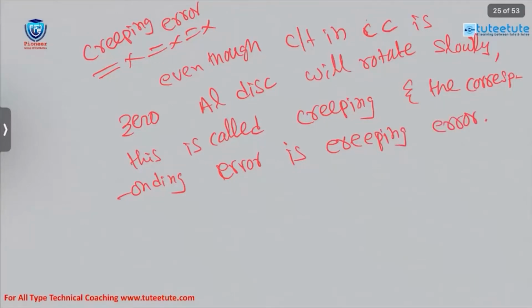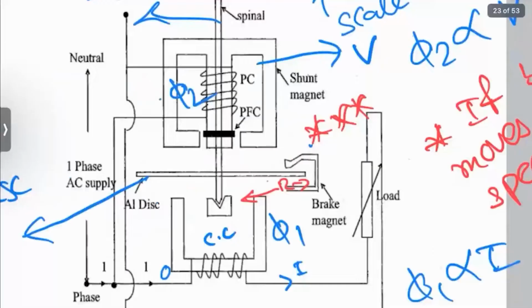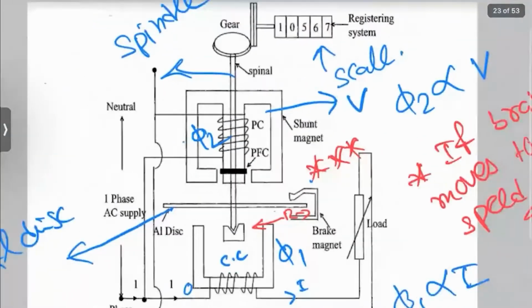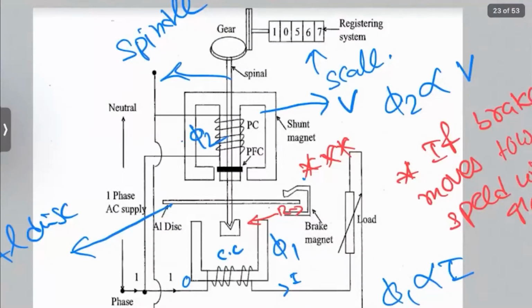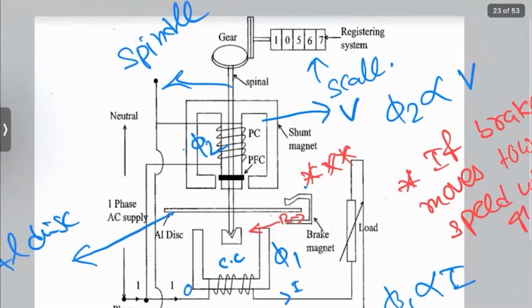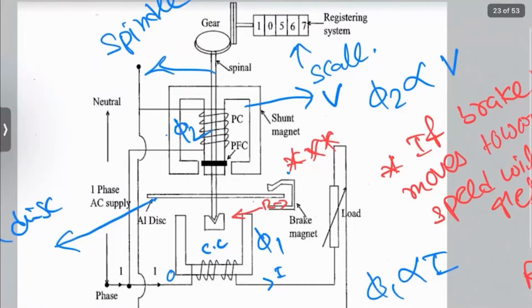If you see the diagram here, for rotation of this aluminum disc, the main portion is the CC only. This plays the major role. So the energy meter reading mainly depends on the current consumed, because voltage is constant in our system.